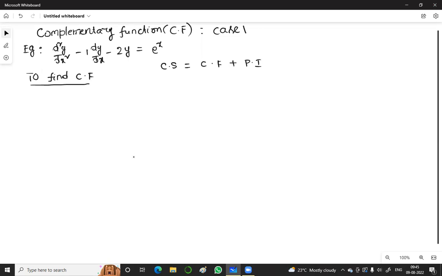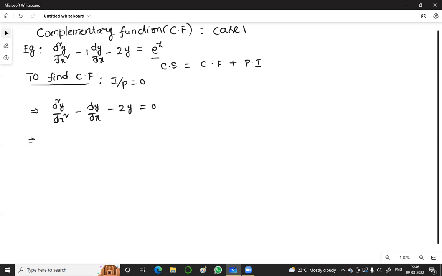Coming to find complementary function, you have to make input equal to 0. In the theory, we have covered this. So input should be equal to 0. Now, what is input actually here? E power x is the input. So my equation I will write like d square y over dx square minus dy over dx minus 2y is equal to 0.